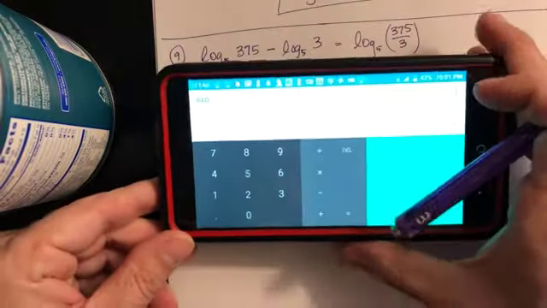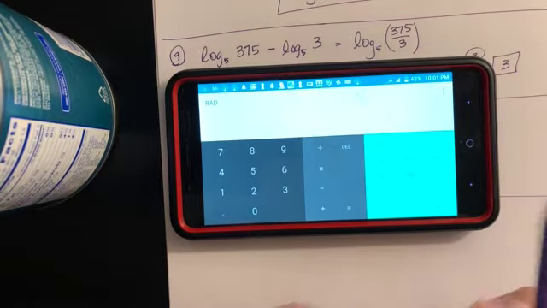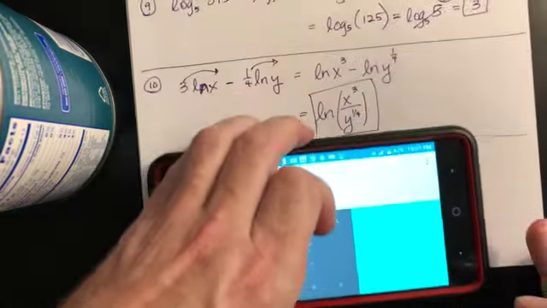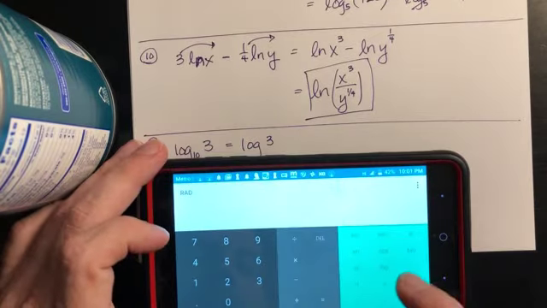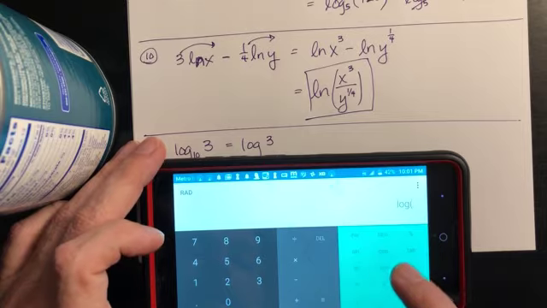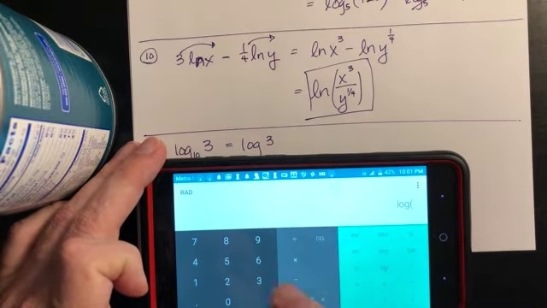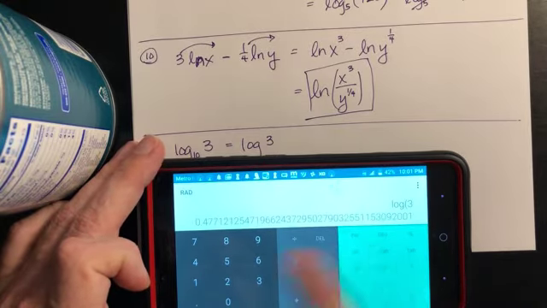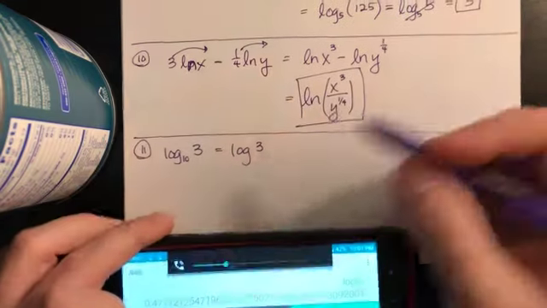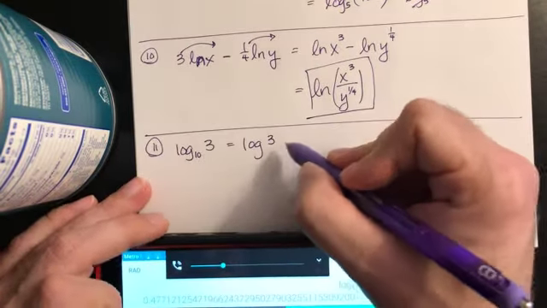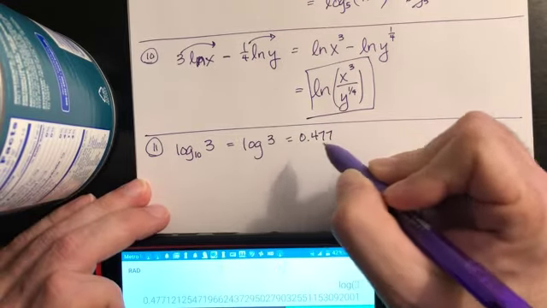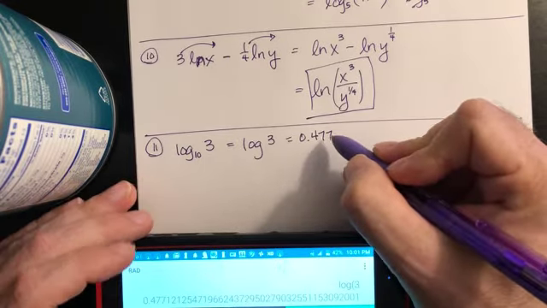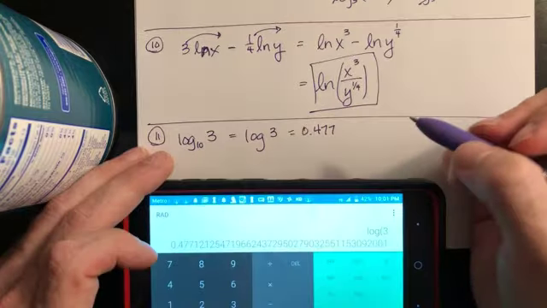This isn't my phone, this is somebody else's phone, of course. Anyway, with log base 3, I think I would have to hit log, and then it shows that up, and I put 3, and then it tells me the answer. This is 0.477. I'm going to round it to 4 decimal places, so 0.4771.